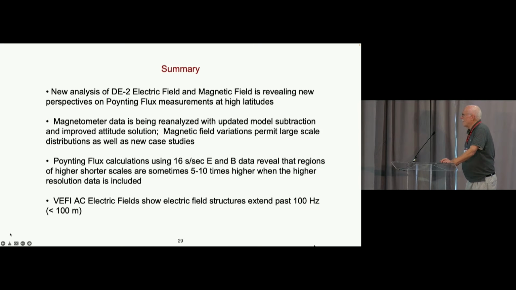And the Poynting flux from the 16 sample per second E and B reveal regions of shorter scales where the Poynting flux is sometimes 5 or 10 times higher than when you just use the 1 sample per second. And again, the VLF AC fields show electric field structures extending well past 100 hertz, which is less than 100 meters. So thank you very much.